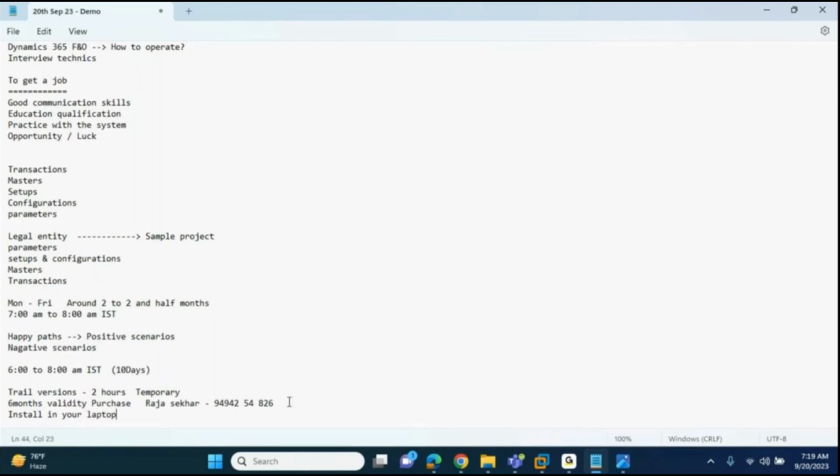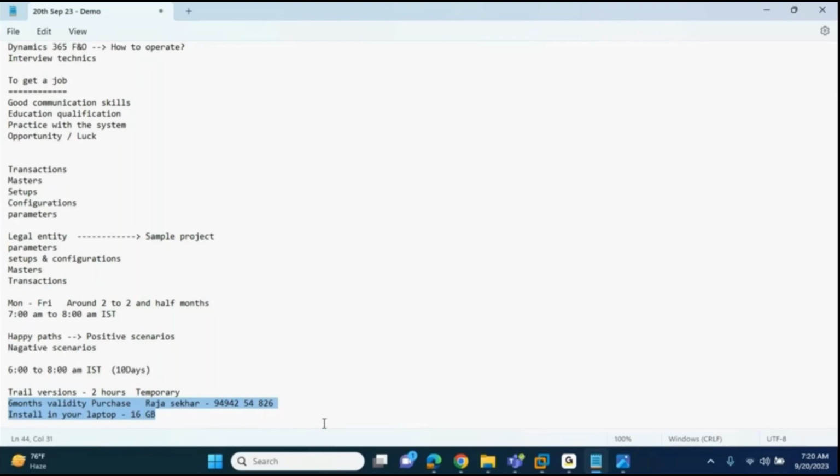Otherwise, install it on your local system. For this, a minimum of 16 GB RAM is required. Okay. You can check with Rajashekar for these two options.